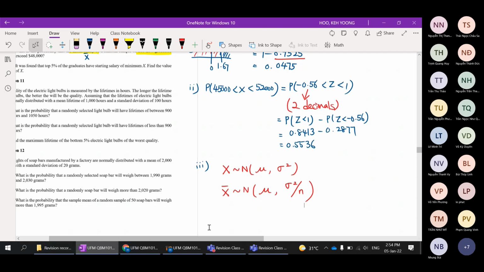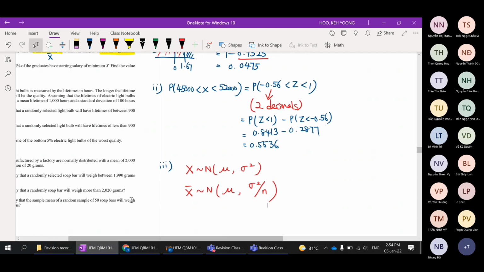This is the sampling distribution for the sample mean. To convert to a Z value for a normal distribution, we subtract the mean and divide by the standard deviation. For the sample mean, we take the sample mean minus the population mean, divided by sigma over square root n. This is how we convert the sample mean to a Z value.